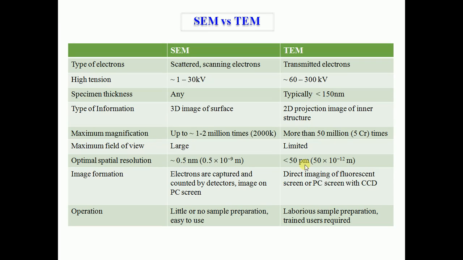How is image formed in SEM? In SEM, electrons are captured and counted by some counter with respect to position, and correspondingly an indirect image is created on the PC screen. While in case of TEM, direct imaging on the fluorescent screen or PC screen with a charge coupled device CCD type of camera can be done.